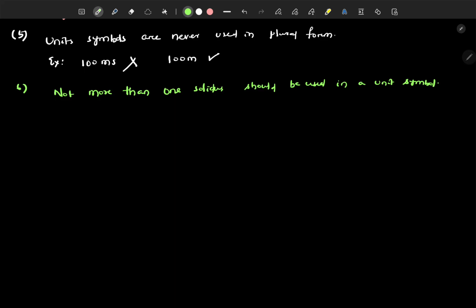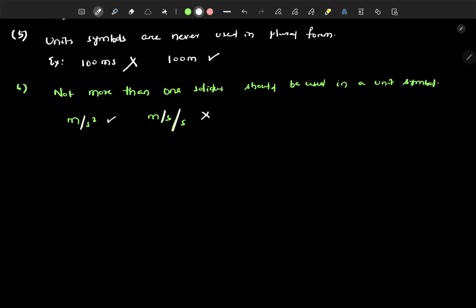If you write meter per second square, another student may write meter per second divided by second. So remember, not more than one solidus. Here one solidus is there, so this is correct. Here two solidus are there, so this is wrong. Clear? So these are some guidelines to write the symbols of SI units.